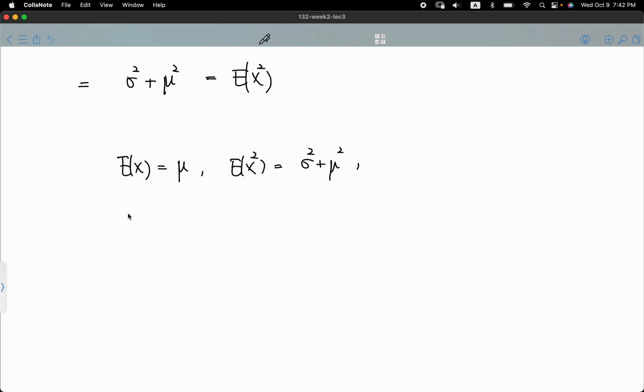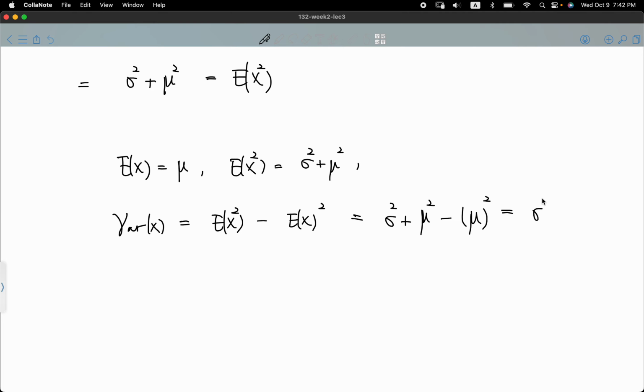So that variance of x equal to the second moment minus the square of the first moment, which is sigma square plus mu square minus mu raised to the power of 2, and that will give you sigma square. And this is the variance for a normal random variable.